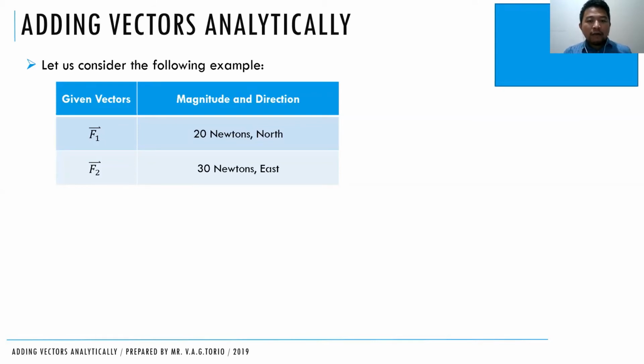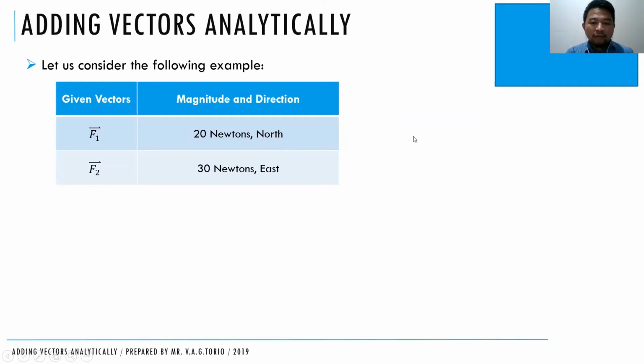In adding vectors analytically, the first step that we need to take note of is to consider the given direction, whether the directions given are expressed in pure angles for easy calculation. So we note that the given directions are north and east. F sub 1 is 20 newtons north, and f sub 2 is 30 newtons east. So our first task is to convert these directions rather, as angles.